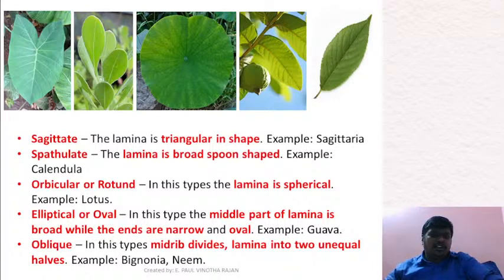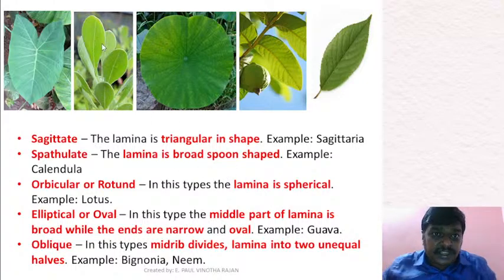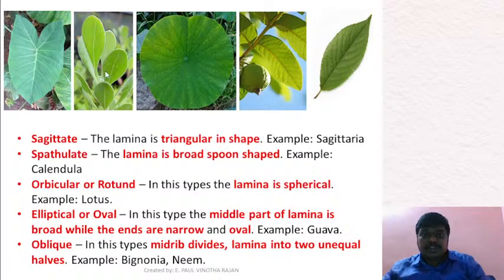And next we are going to talk about the shapes of the leaves. Sagittate means an arrow-shaped leaf. Spatulate means spoon-shaped leaves, like a teaspoon, as in the case of calendula. Orbicular is a round type, in the case of lotus.